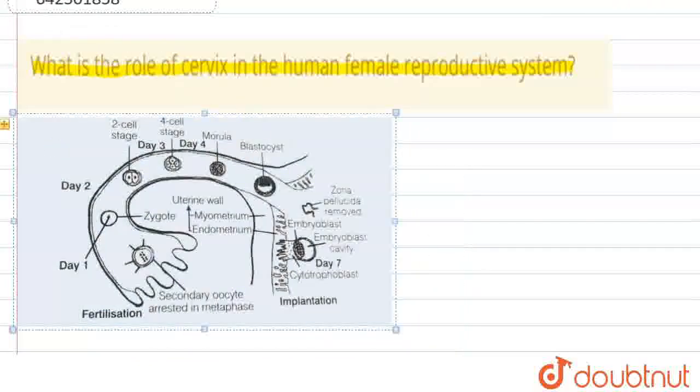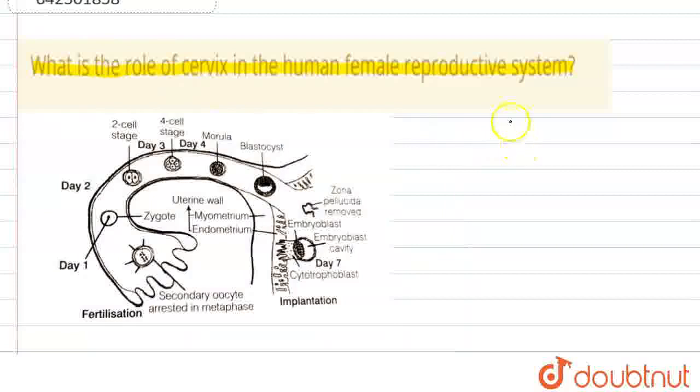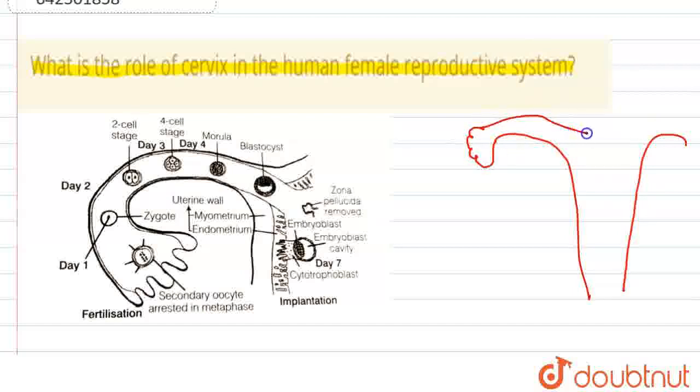Now here I will draw a rough diagram to complete this. So human uterus, female uterus is somewhat like this. So if we make the shape here, right, so at the end we have the ovaries here, and these are the fallopian tubes, right?